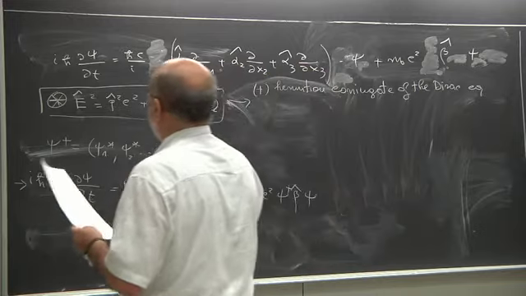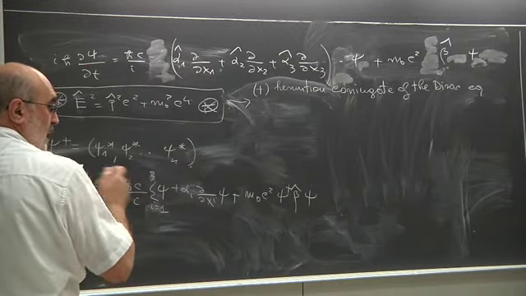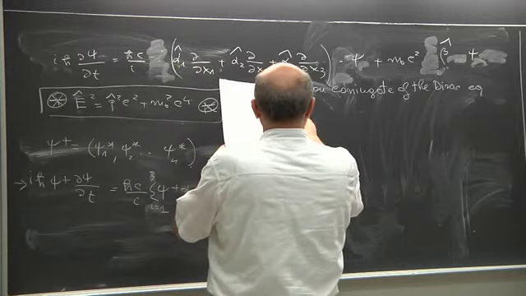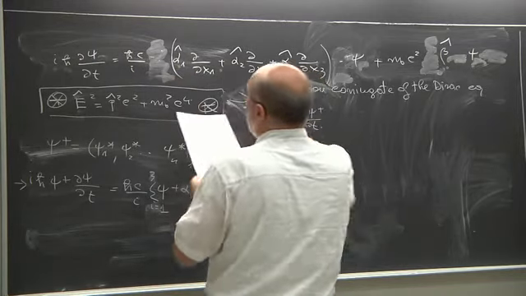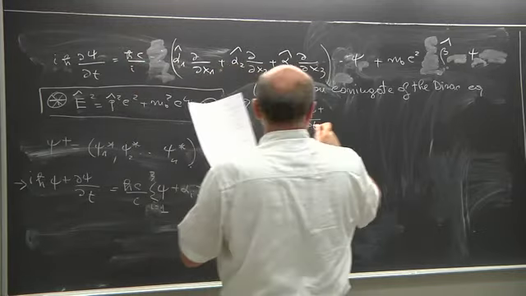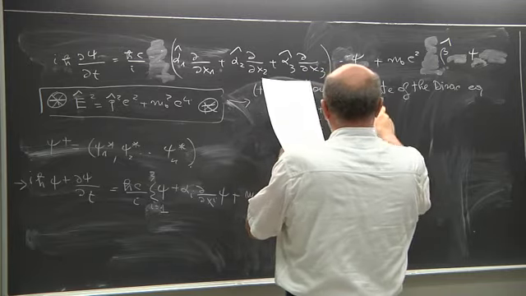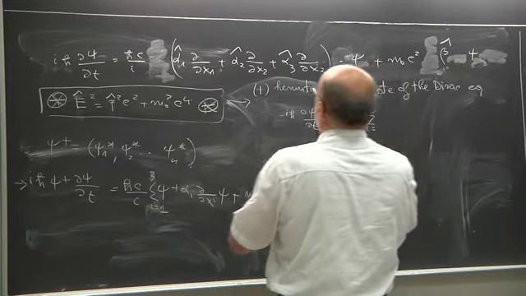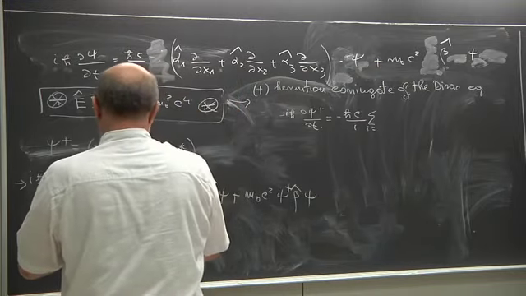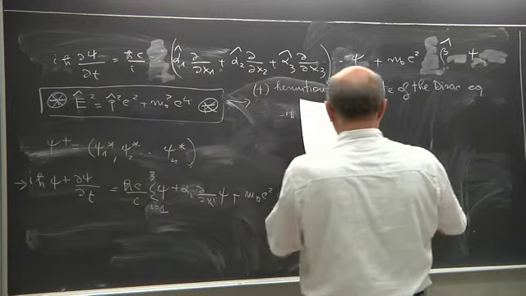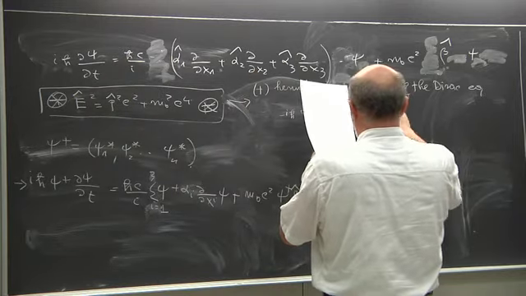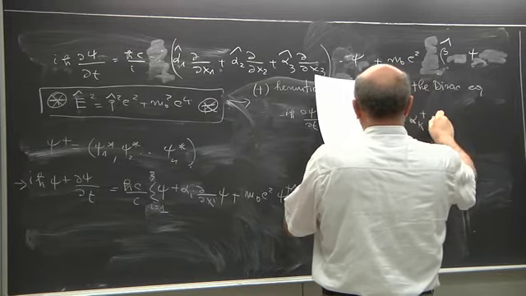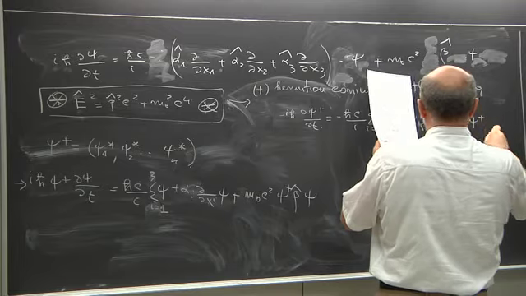If we do the Hermitian conjugate, it means you have to transpose and take the complex conjugate. So you get minus i h bar d psi dagger/dt, I'm doing the Hermitian conjugate, then the same here, and we get equal to minus h c i, sum over k from 1 to 3 of d psi dagger/dx_k alpha_k dagger, plus m0 c^2 psi dagger beta dagger.